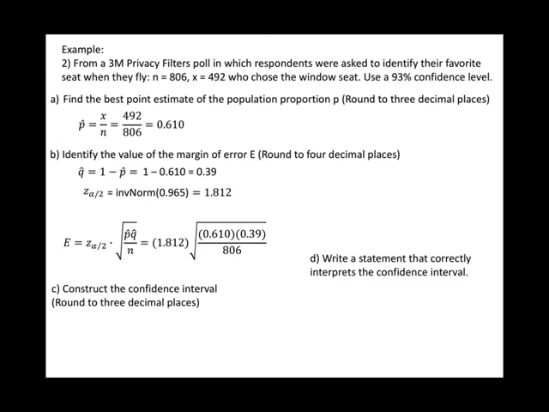Use the calculator. You're going to see 0.0311. And then construct the confidence interval using the sample proportion plus or minus the margin of error.